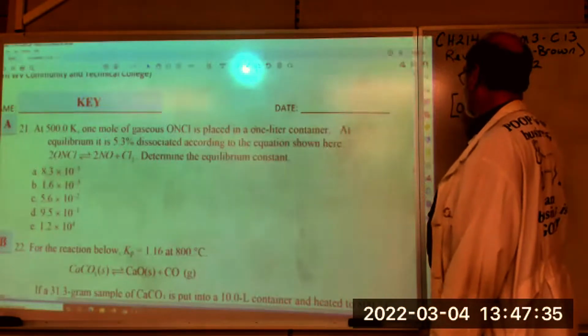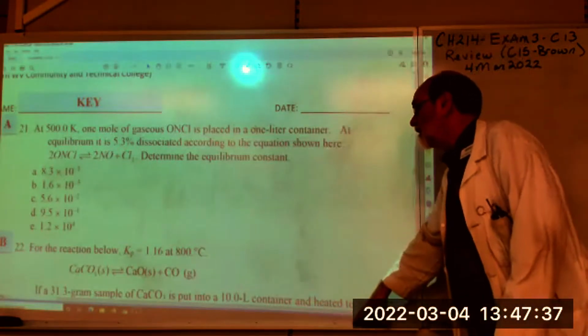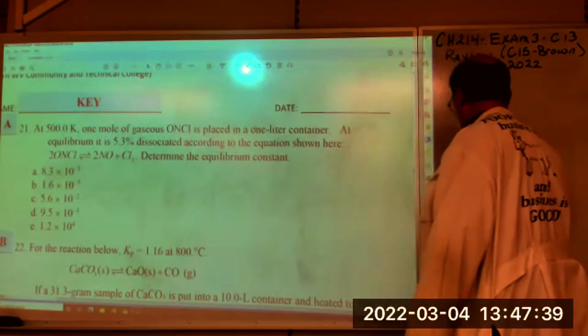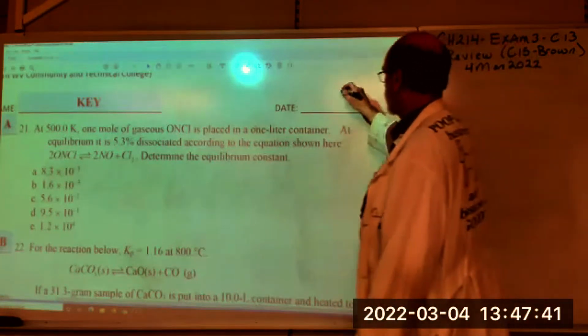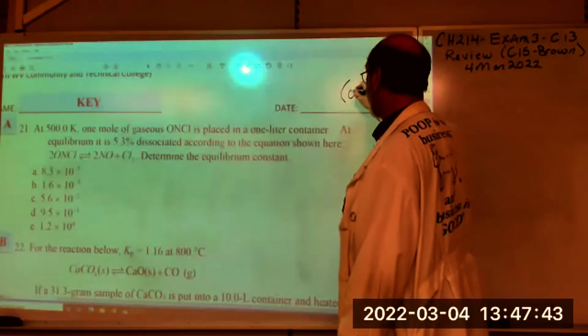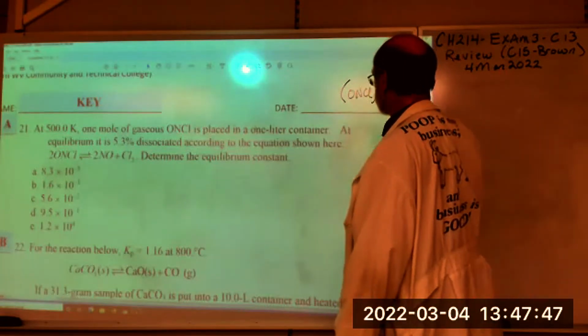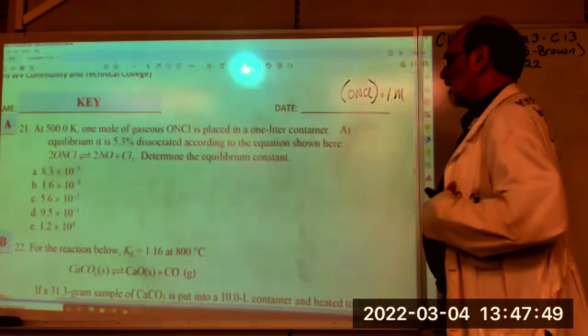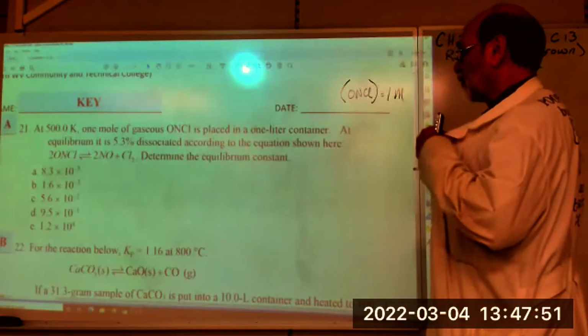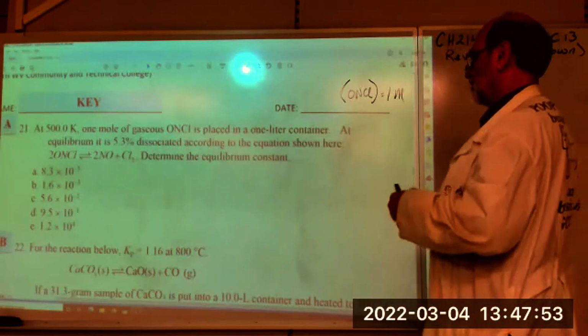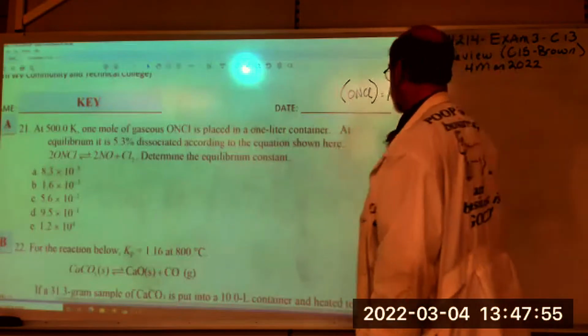So initially it would be like this, not at equilibrium yet. 1 molar. At equilibrium, it is 5.3% dissociated, according to this equation.